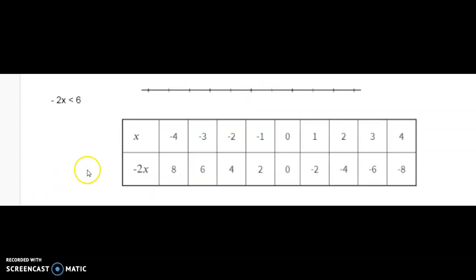So here's the finished table. When you have x as -4 and you multiply -2 times -4, you're going to get +8. Same thing, -2 times -3, and then we get 6. And then we're going to just keep on filling in our values until we're done with the table.